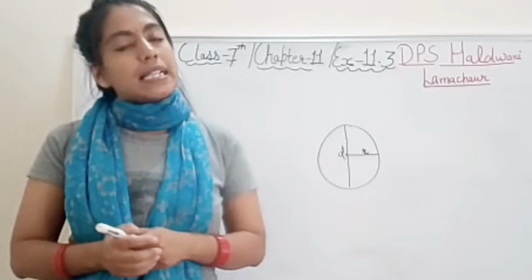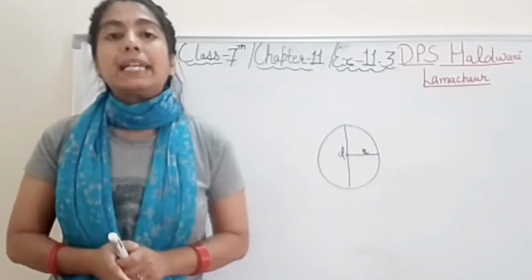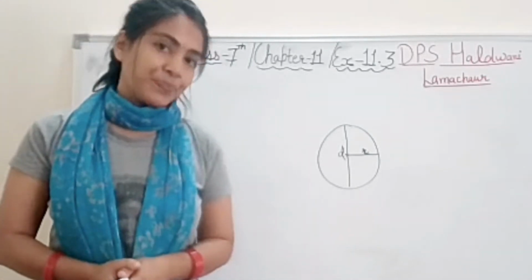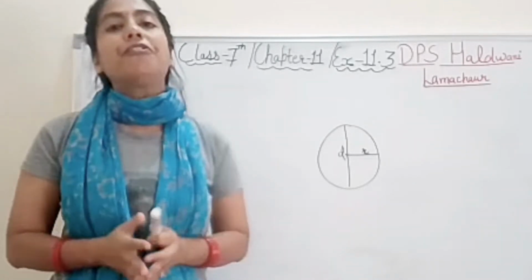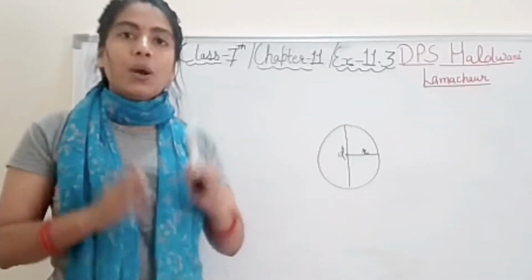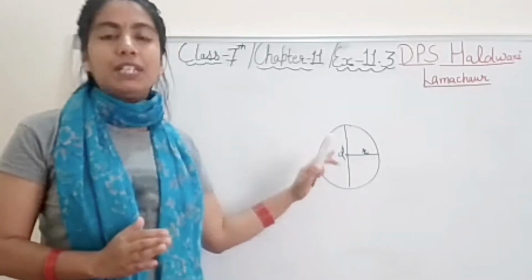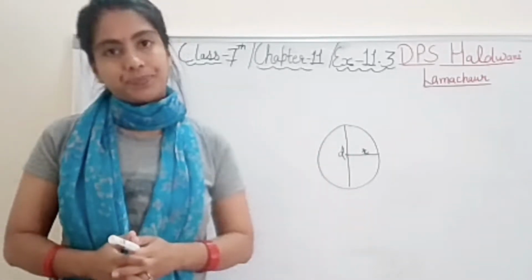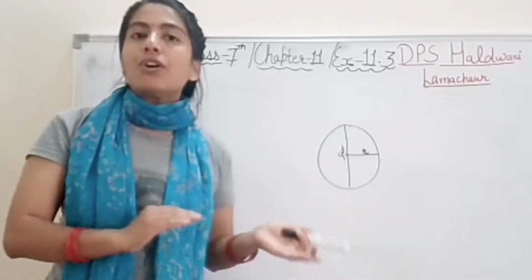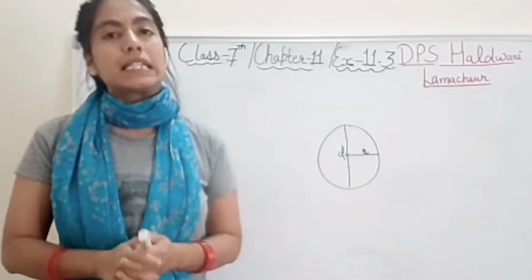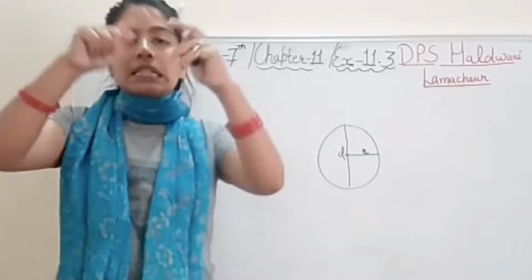Now students, as the name of this chapter is perimeter and area, we are doing the perimeter and area of respective figures. So students, what is the perimeter for a circle? In the case of circle, we usually say circumference.